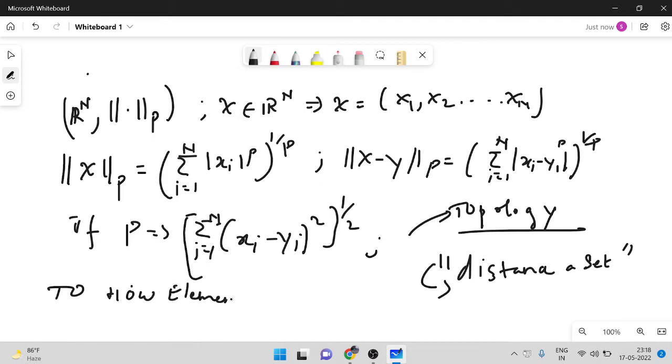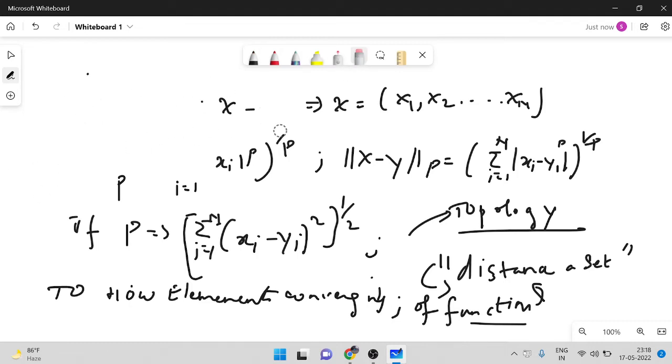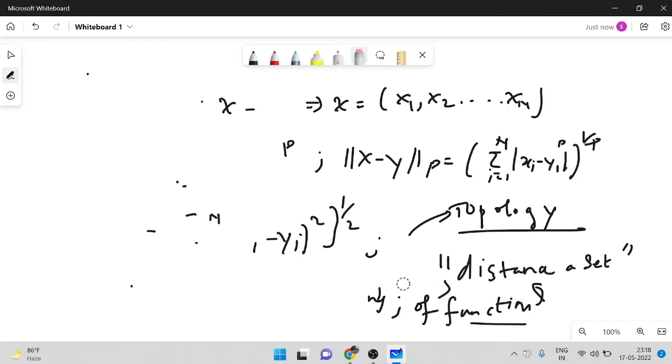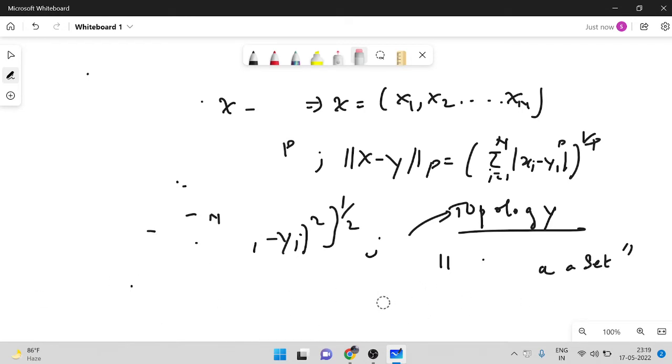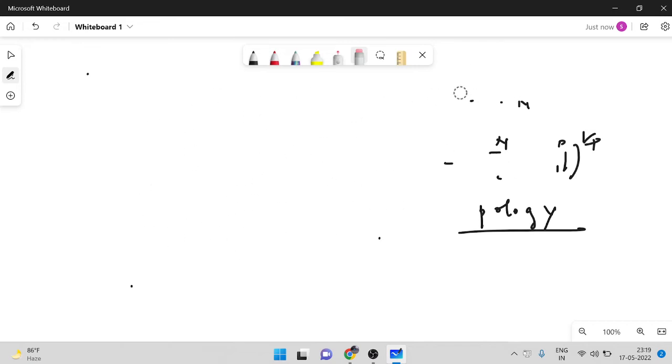Convergence comes in here, how elements are converging, and to check if a function is continuous or not, you need this notion of distance. So this is a basic introduction of topology. We have introduced the notion of a set and how to introduce distances on a set, and later on we'll go further.